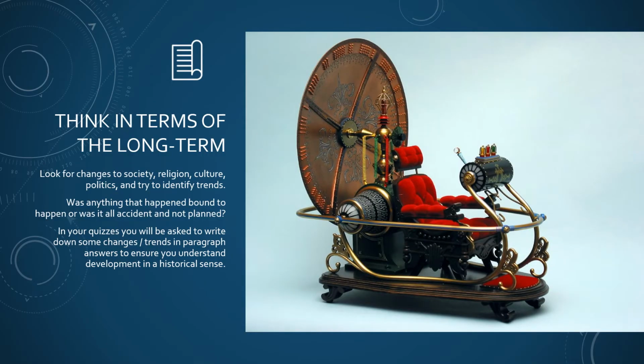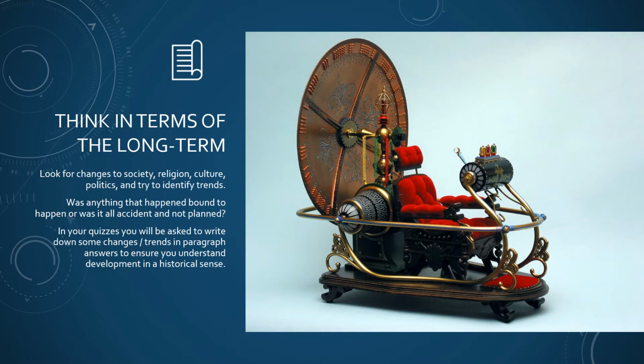You need to be able to identify, to look for changes to society, religion, culture, politics, and identify these trends and to see where they are going. Where have they been? Where are they at? And where are they going?